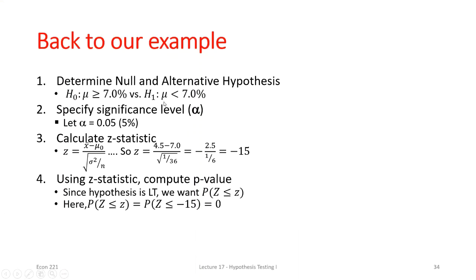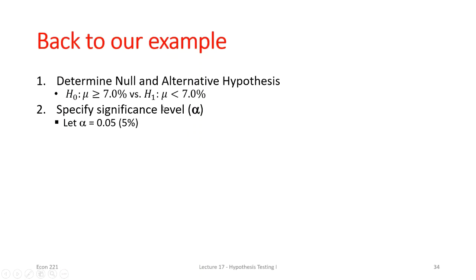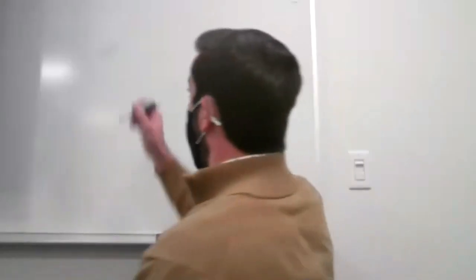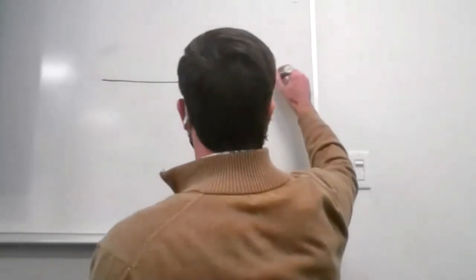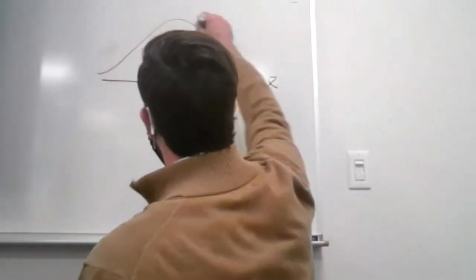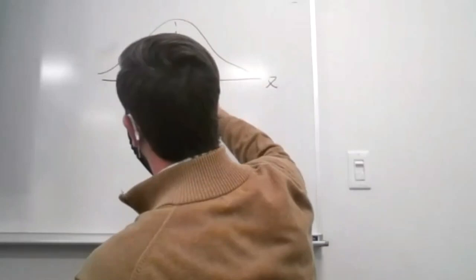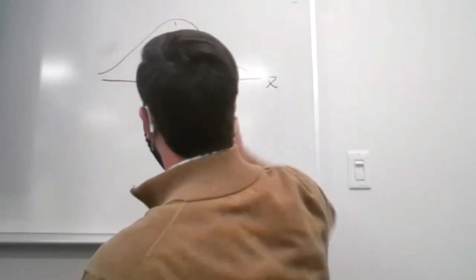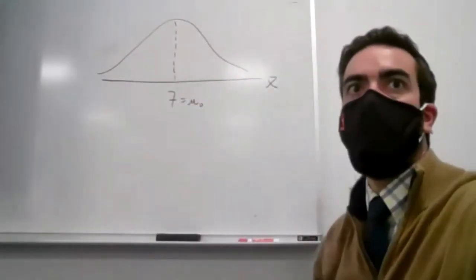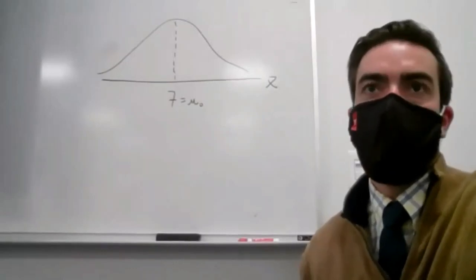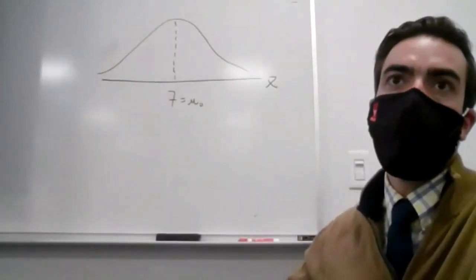Okay, so I want to go back and reiterate a few things. When I started out with this null and alternative hypothesis, what I was really doing, let me walk through the steps. I'm going to go through this visually with you. So we have my sample mean, and I was using as the assumed true mean that 7%, right? Well, remember the null hypothesis was that it was greater than or equal to 7%.